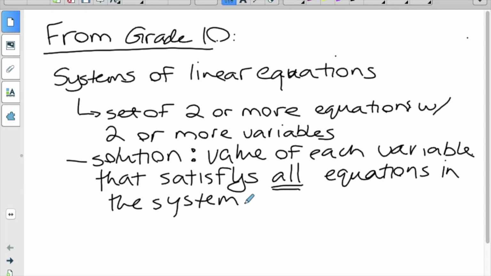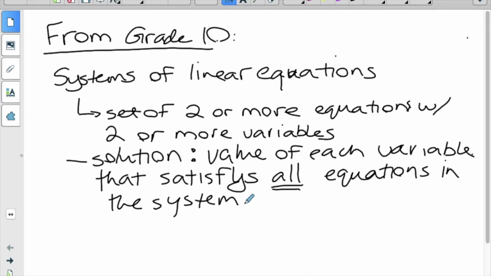Okay, so last year we only looked at linear equations. Linear equations would have taken the form y equals mx plus b, like a linear function. This year we're going to add in quadratic equations. So we may have a system of two quadratic functions.